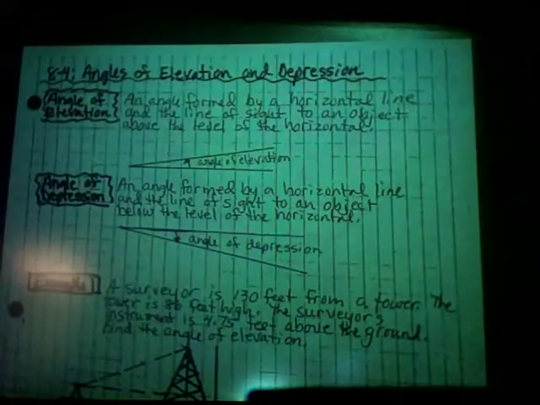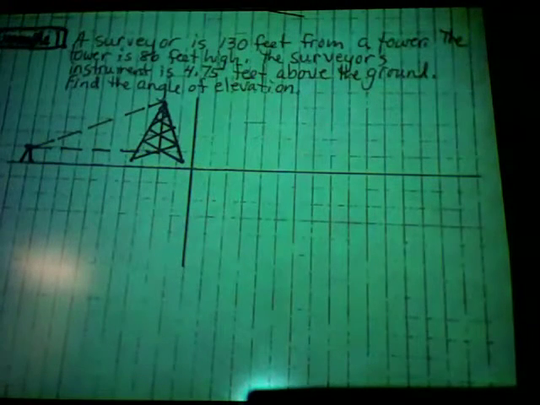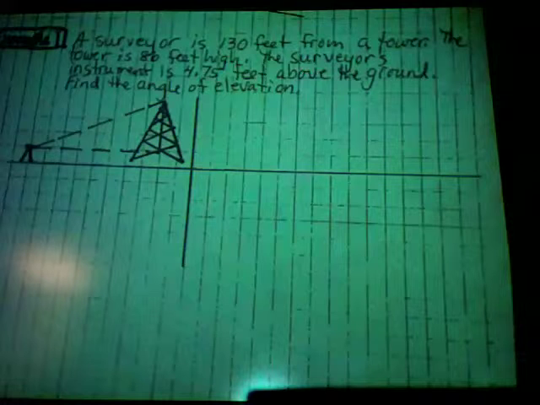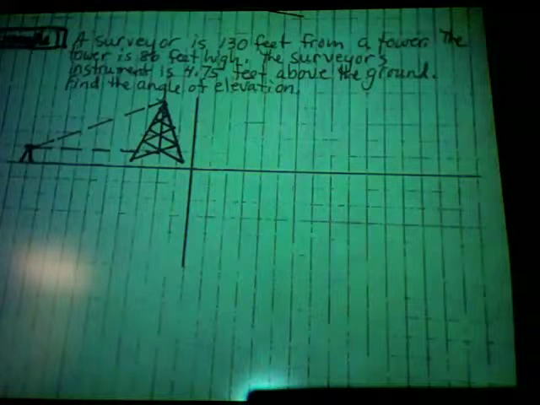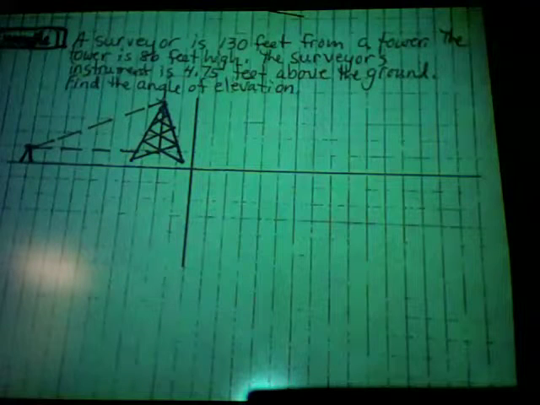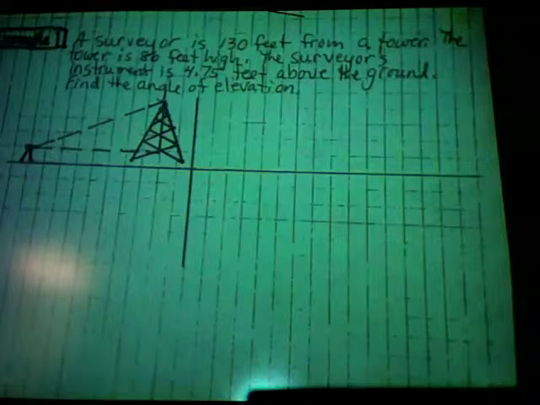So let's go ahead and look down below where I drew you a picture. I went ahead and drew the picture here. We're going to get to one where you're going to draw your own picture. So this one says a surveyor, a surveyor is 130 feet from a tower.